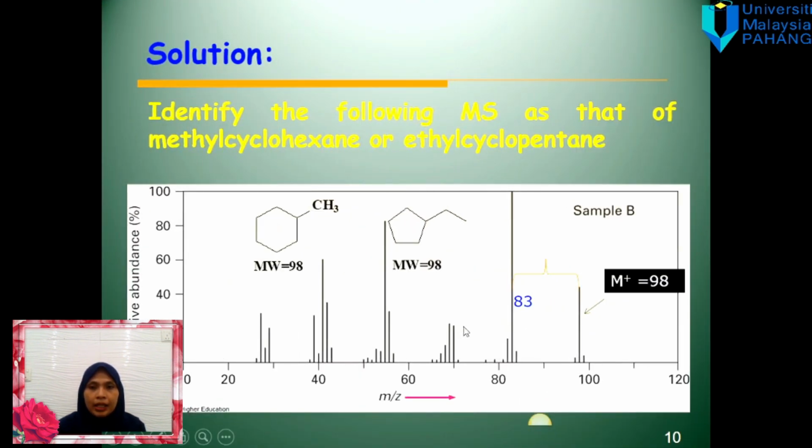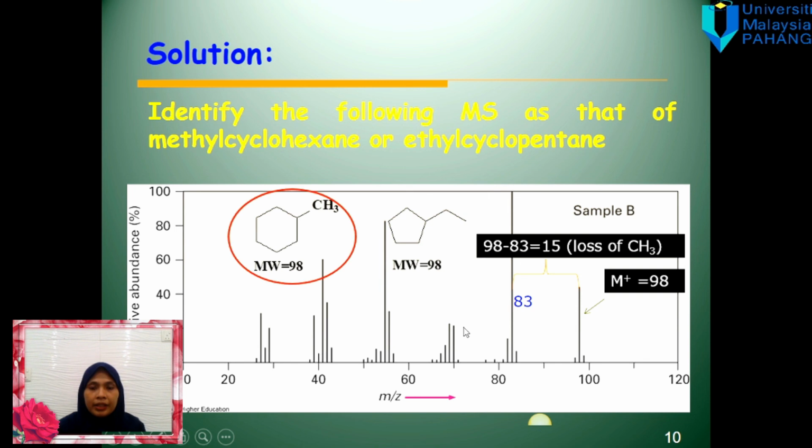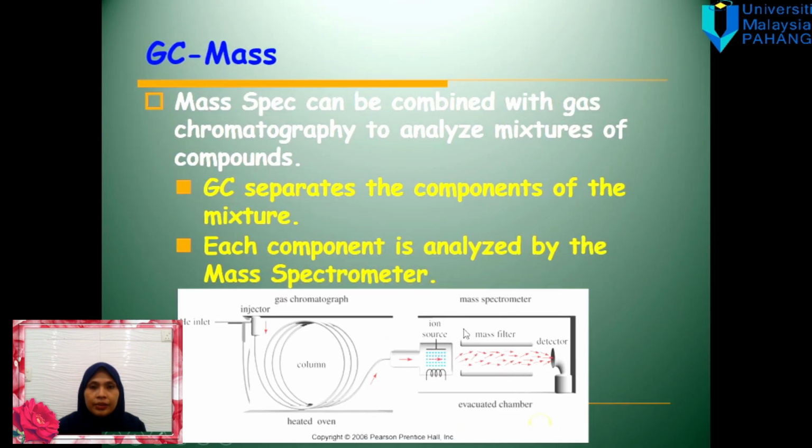So we see how the fragmentation works. That's all for this chapter. Again, I summarize that all the mass spectra in our lab have been detected by the GCMS. That's all. Thank you.